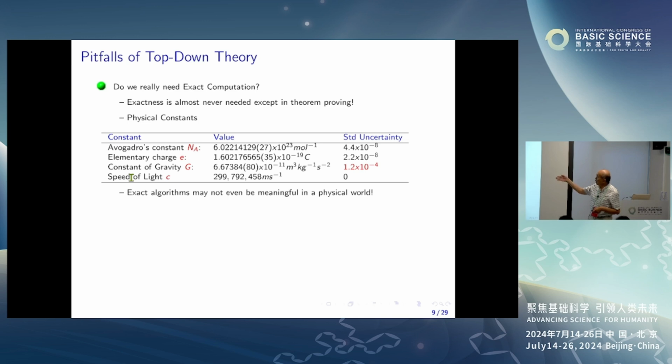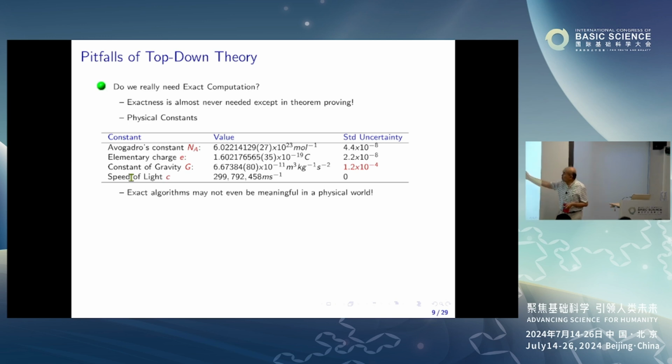If you look at the physical constants, all the physical constants are known to about 8 digits of accuracy. The constant of gravity is the worst. It is in the Guinness Book of Records. It's the worst constant. We only know 4 digits of accuracy. And the speed of light is perfect because that's by definition, the definition of the constants.